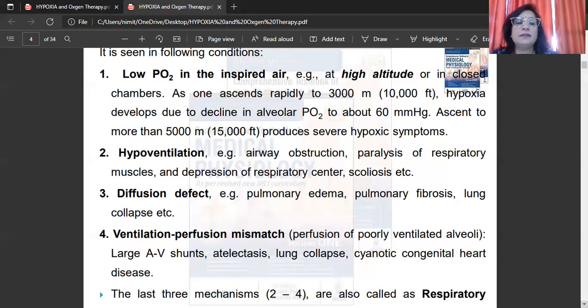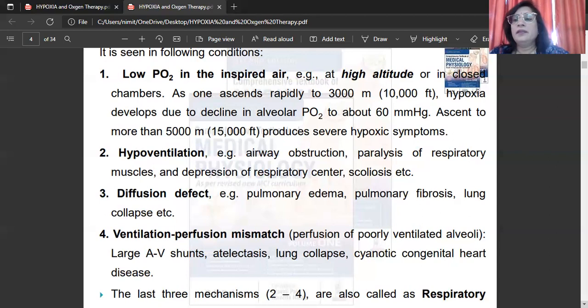Then another condition, diffusion defect. This is seen in which conditions? Pulmonary edema or fibrosis of the lungs. So whenever there is pulmonary fibrosis, this will also lead to this condition. Or lung collapse.